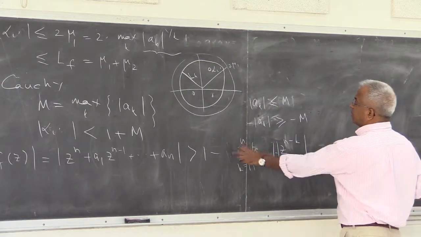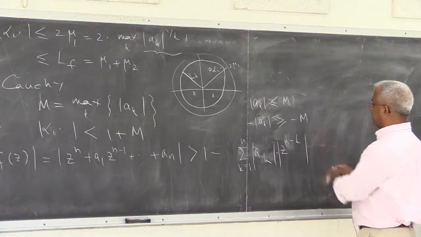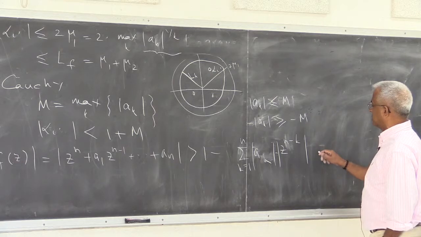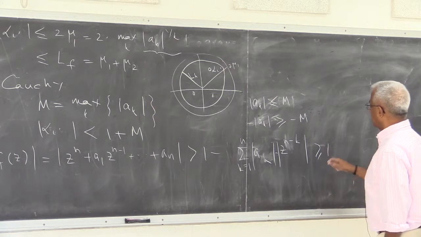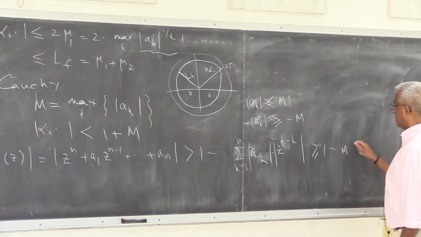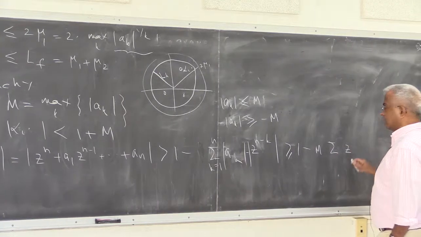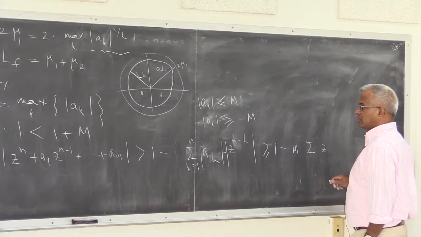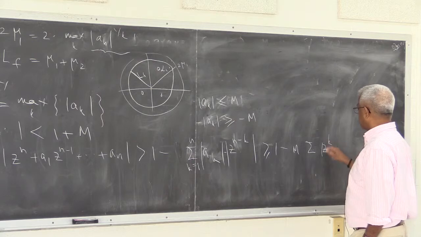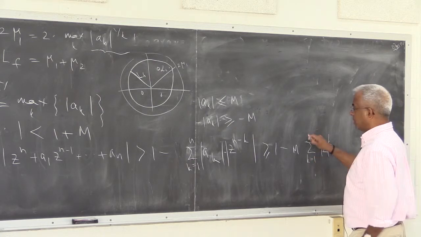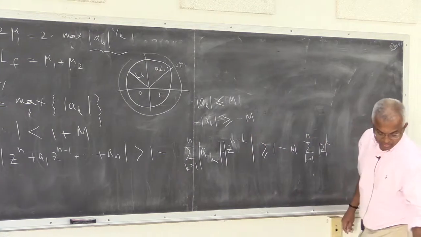But minus the absolute value of ak is greater than minus M. So you can write this as greater than or equal to 1 minus M multiplied by sigma z to the power minus k, k from 1 through n, by just rearranging these terms.